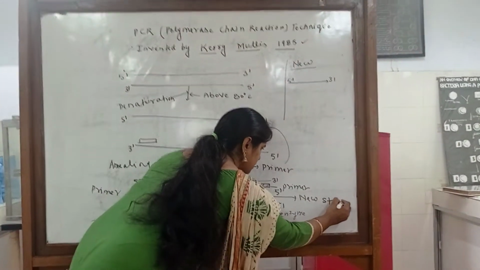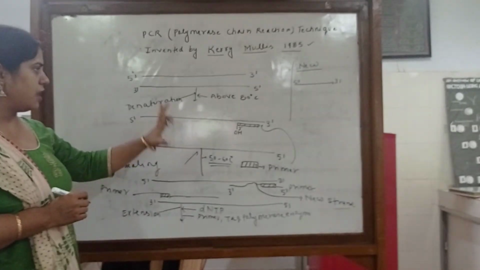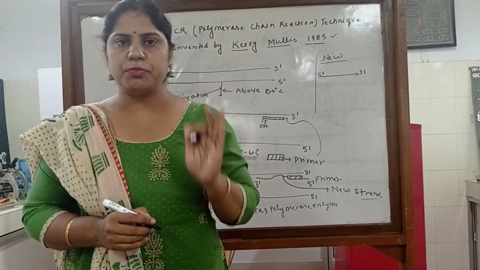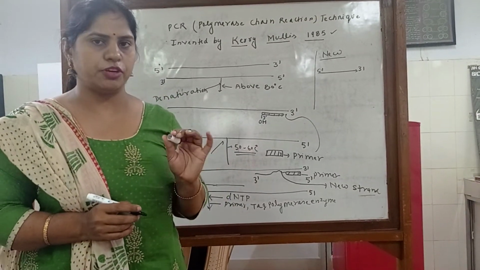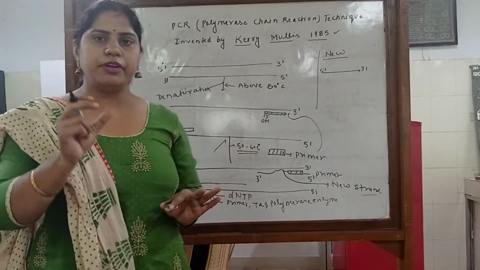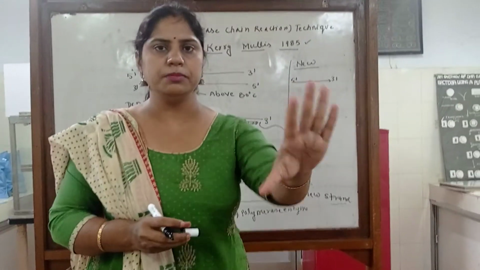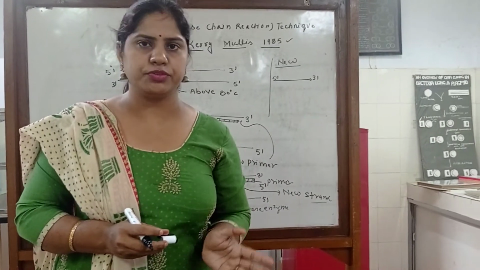The process is repeated up to 35 cycles. After completing 35 or 40 cycles, we get the amplified product, and then we visualize the amplified product under the trans UV illuminator after the electrophoresis.